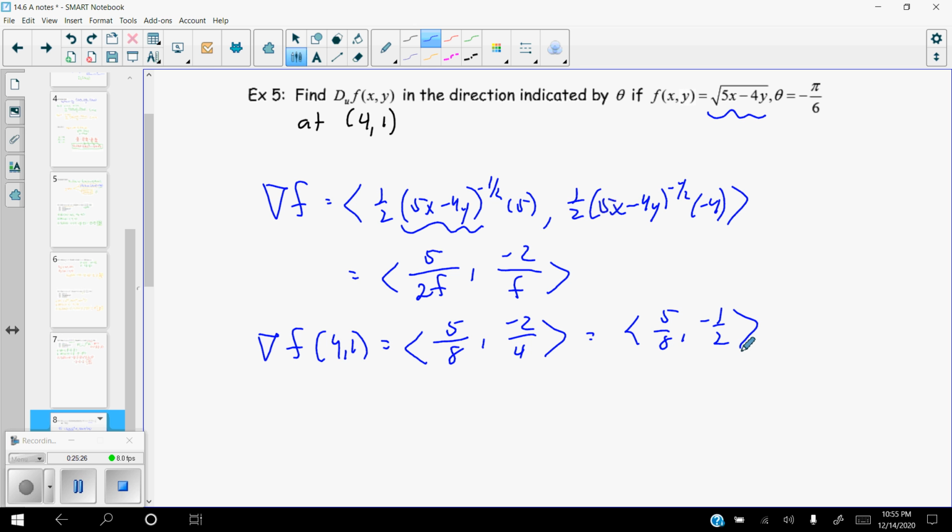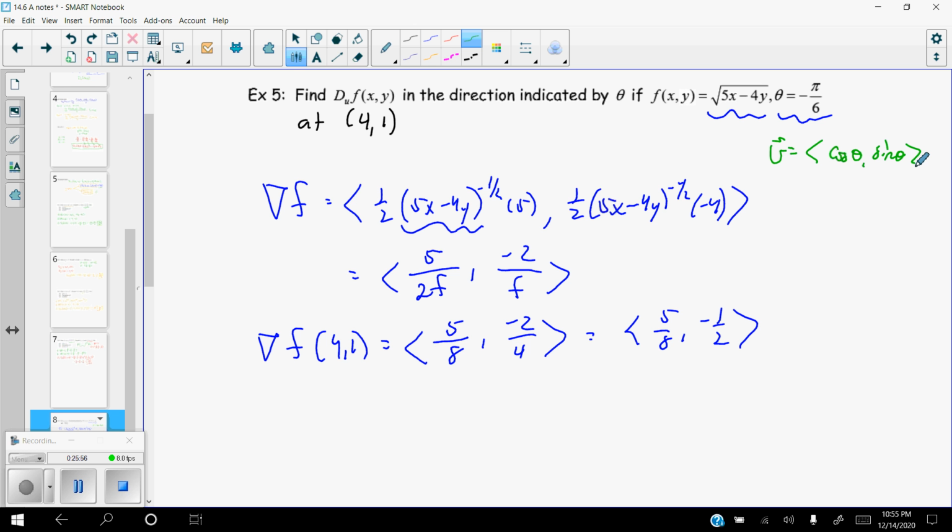Biggest thing is, what is our unit vector going to be? They didn't really give that to me. They gave it to me in polar. Well, if theta equals -pi/6, I can create a unit vector that has to do with angles. And the easiest unit vector to create is going to be (cosine theta, sine theta).